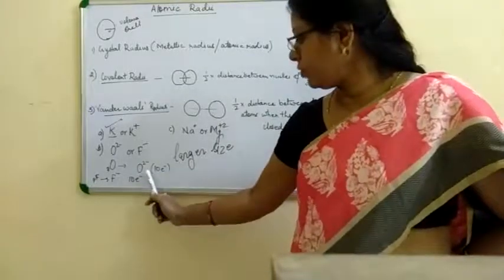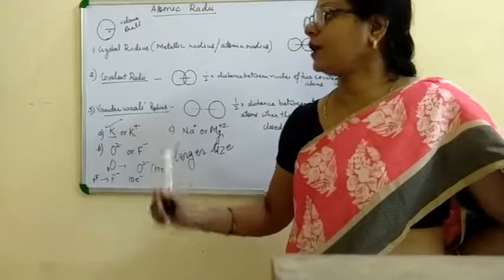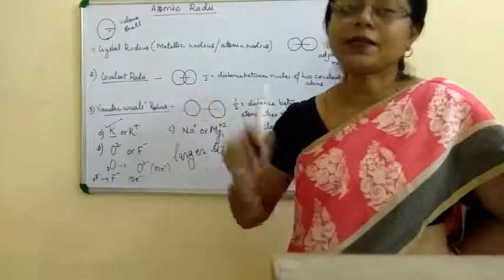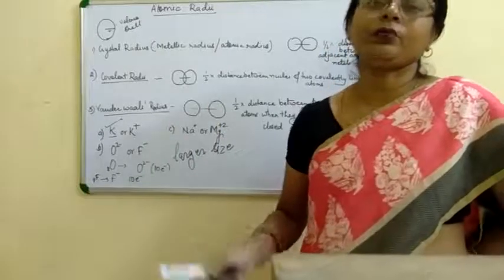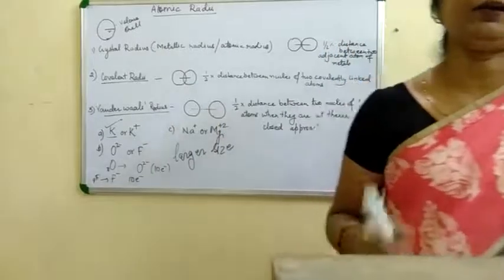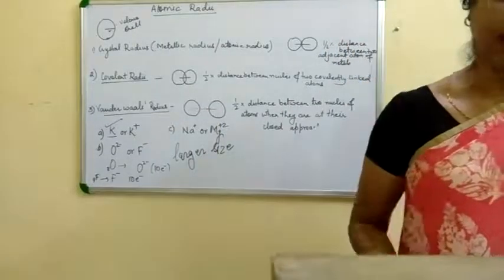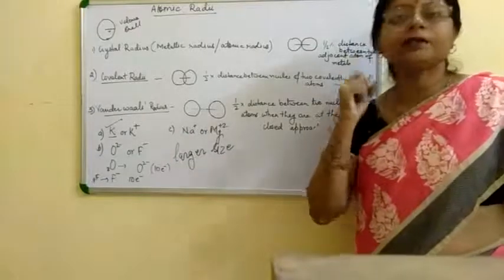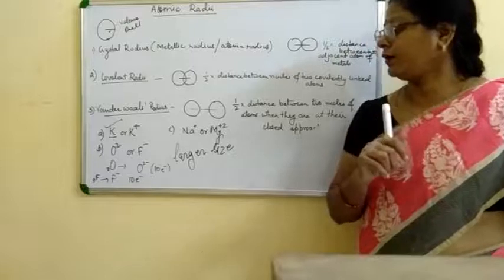So the nuclear pull towards the electrons in case of the oxide ion is less compared to the fluoride ion. That's why the oxide ion is bigger than the fluoride ion.